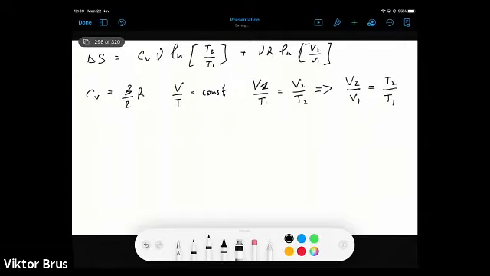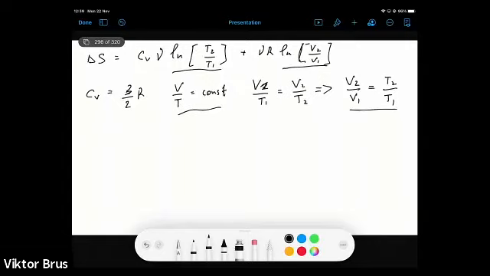So you see that we have two natural logarithms here with T2 divided by T1 and V2 divided by V1.